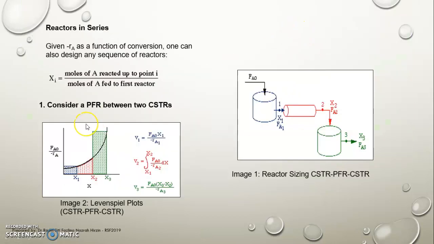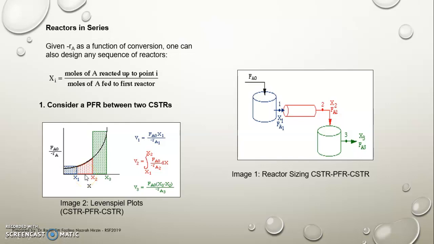Okay, consider a PFR between two series. Okay, so ni dia kata contoh-contoh jenis soalan yang akan ditanya. Maybe dia akan letakkan PFR, dia suruh cari volume untuk PFR di antara dua CSTR.